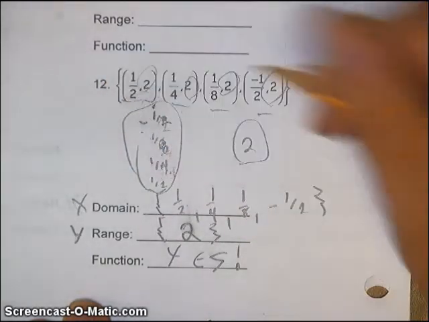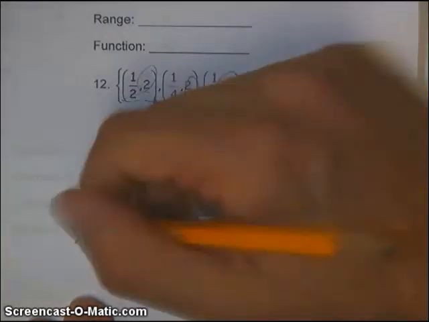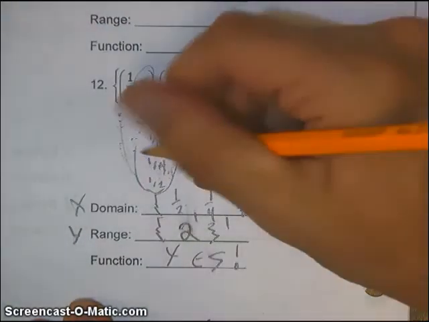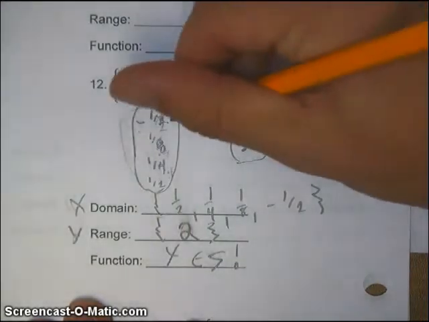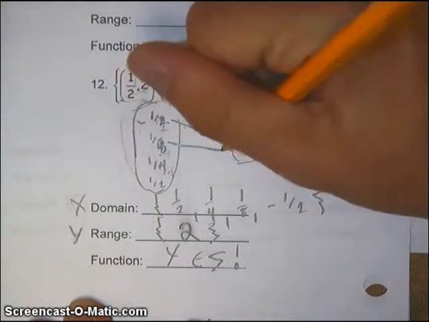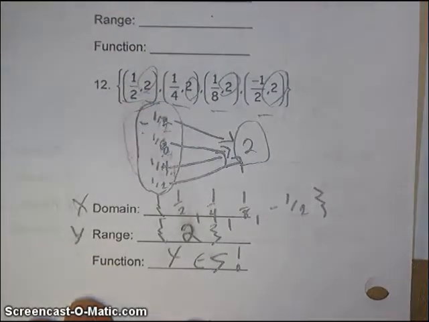Now mapping is simply a depiction of the relation. And we're going to say, it's a depiction of the domain and range. So that -1/2 goes to 2, that 1/8 goes to 2, that 1/4 goes to 2, and that 1/2 goes to 2.